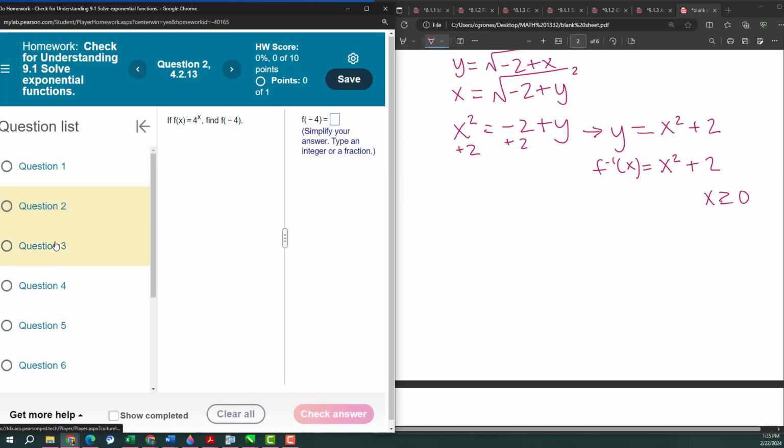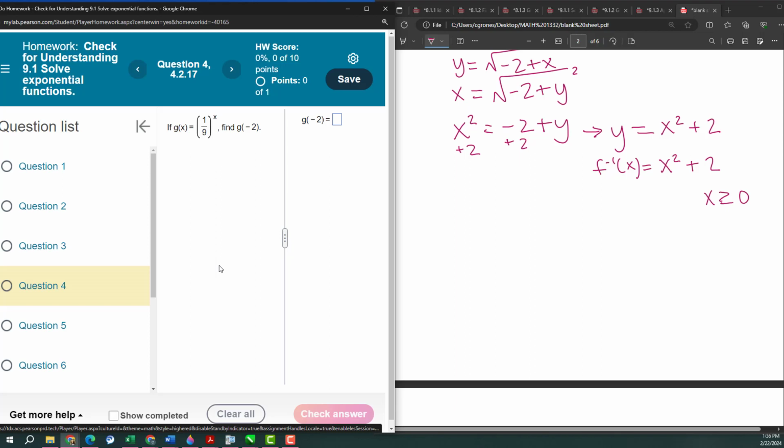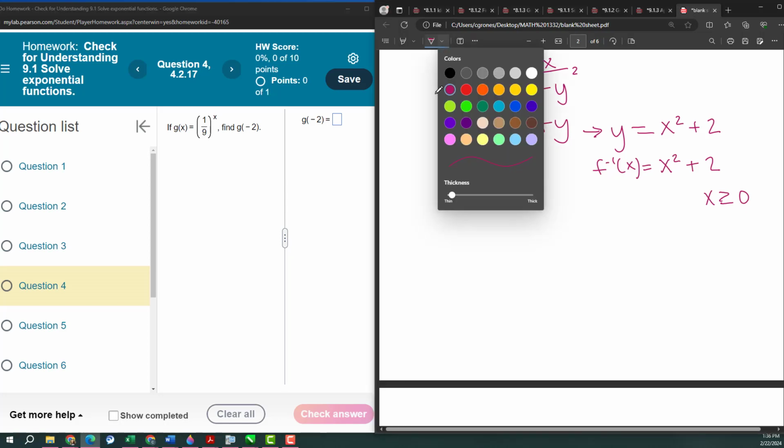So I'm not going to do 1, 2, 3. I am going to do number 4. We are given a function g of x, and we want to find the value where x equals -2.